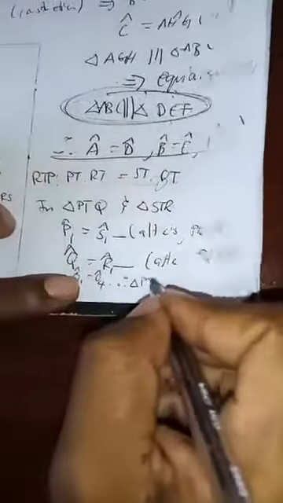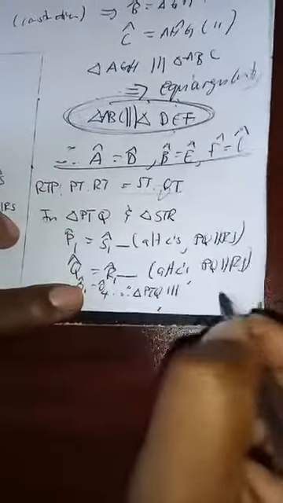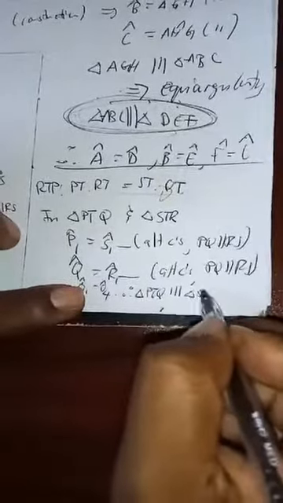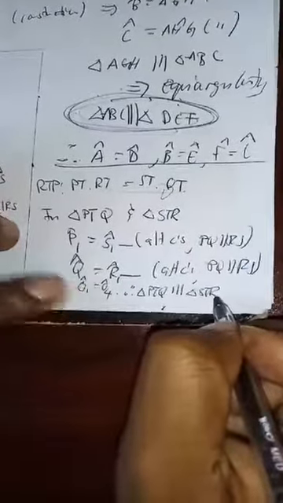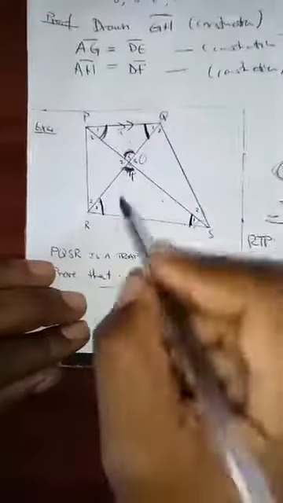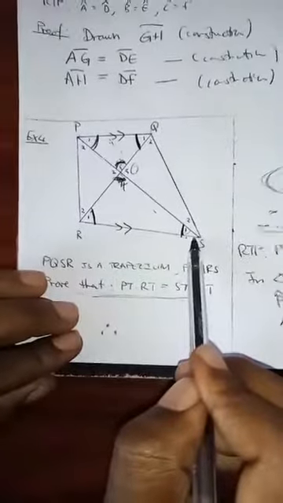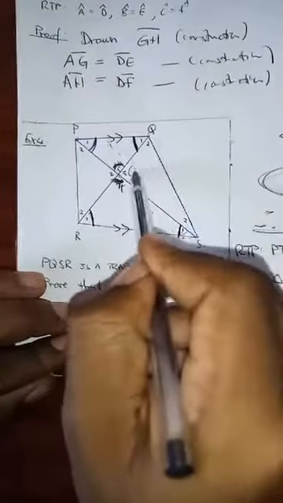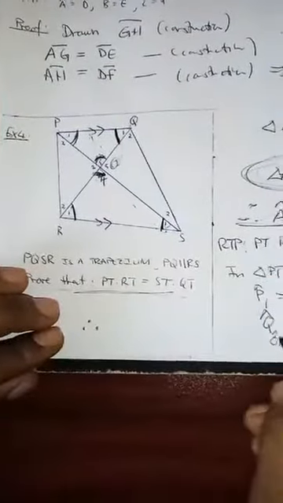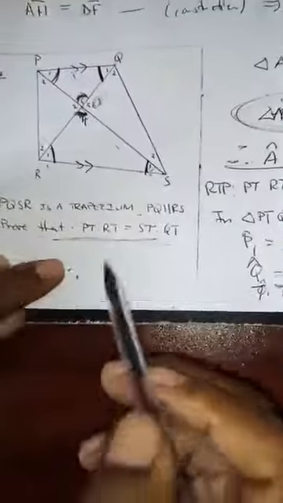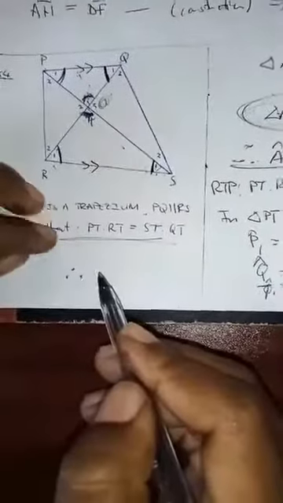So therefore triangle PTQ is similar to triangle STR. Why am I calling it O? It's already labeled as T, so that's T1 and T4. So this PQT and STR, those are similar.